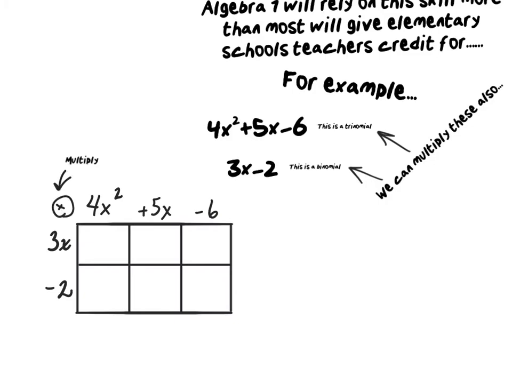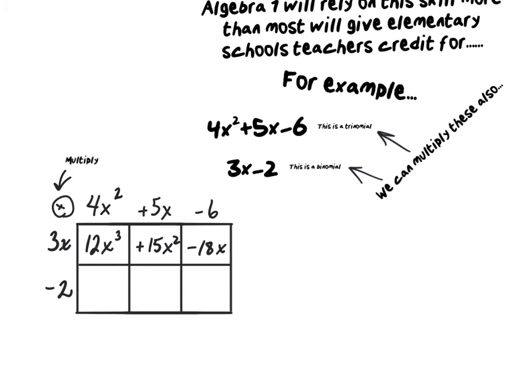Now we will begin to multiply. 3x times 4x squared is 12x to the third power. 3x times positive 5x is positive 15x to the second power. 3x times negative 6 is negative 18x.